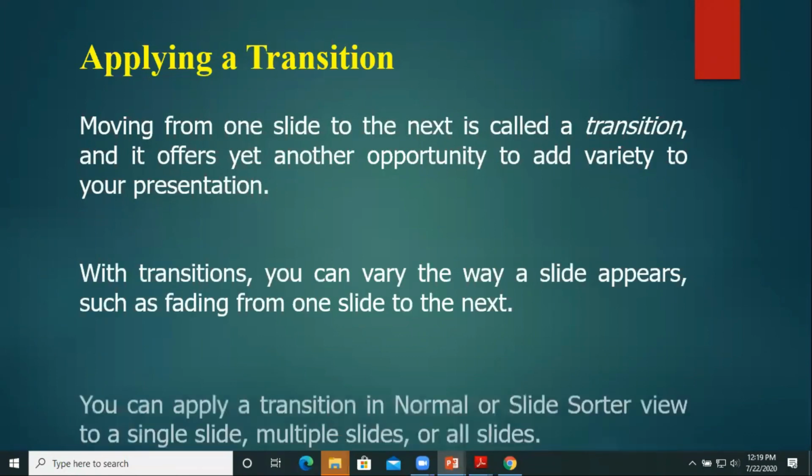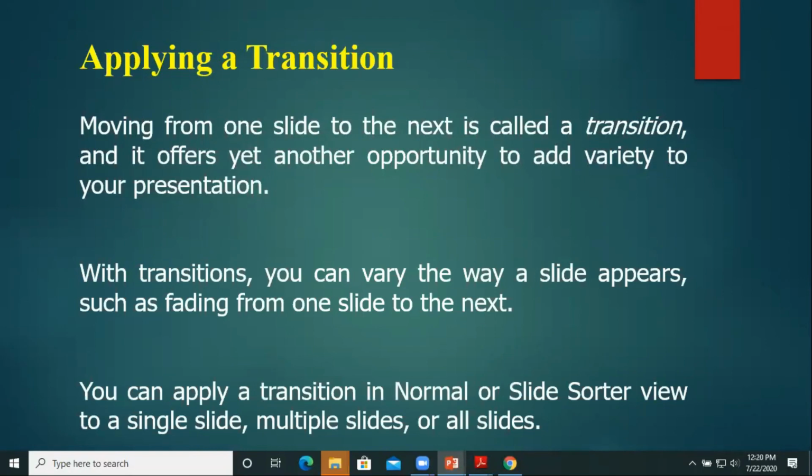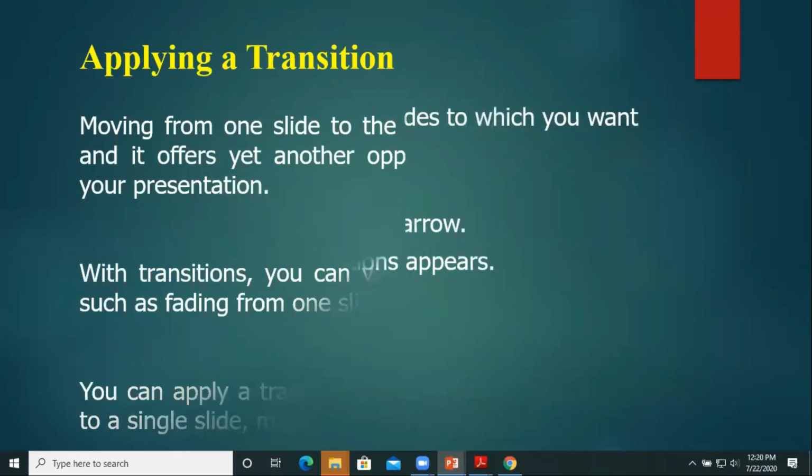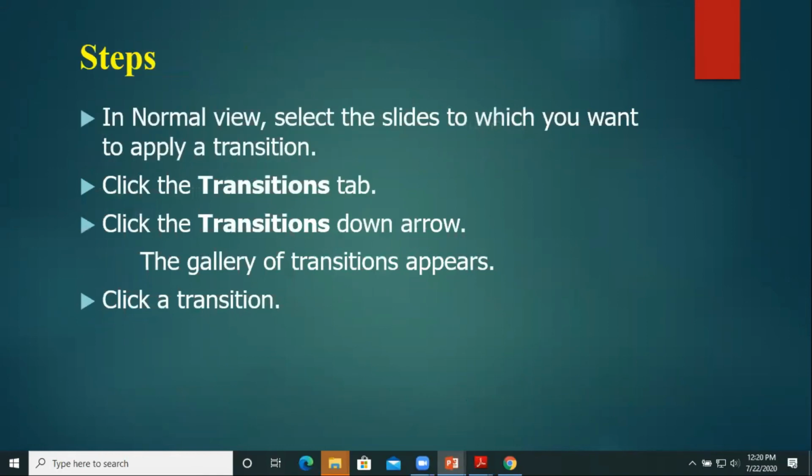With the transition, you can vary the way a slide appears, such as fading from one slide to the next. You can apply a transition in normal or slide sorter view to a single slide, multiple slides, or all the slides.